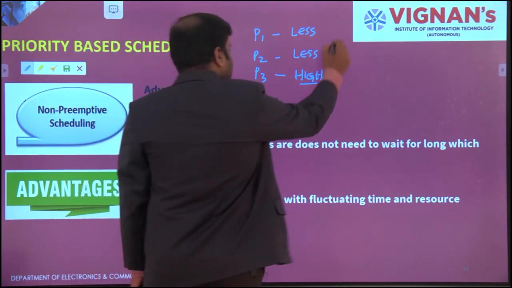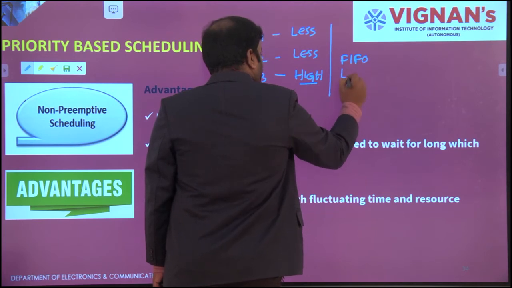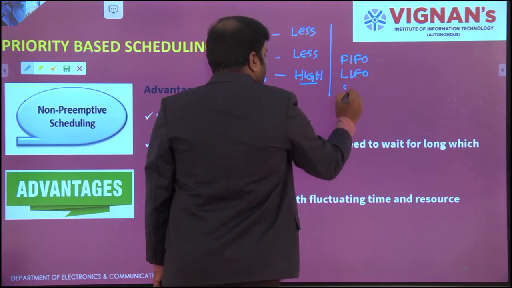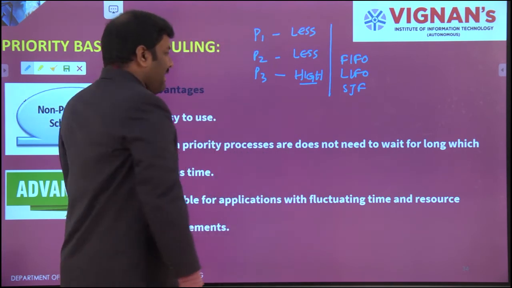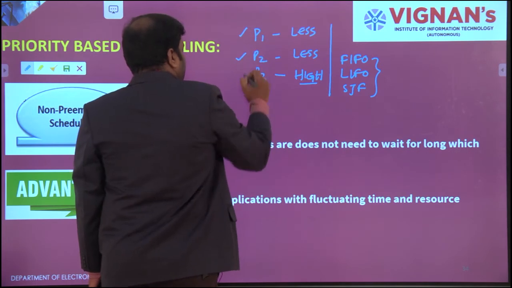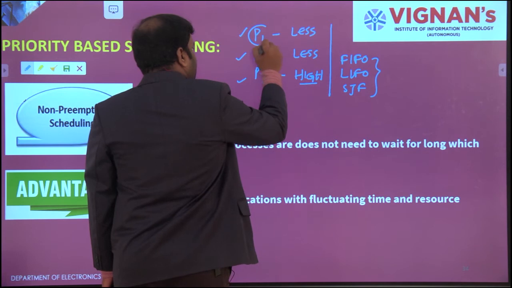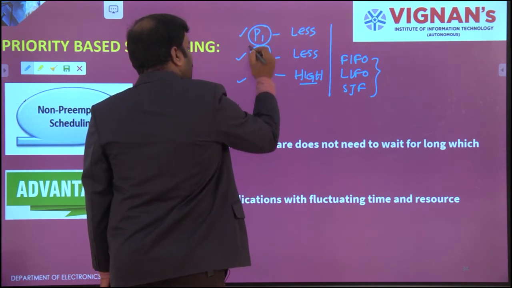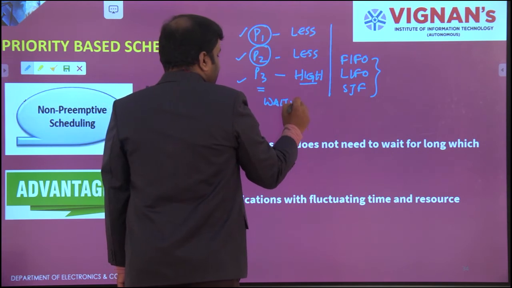Usually, while operating with any algorithm, whether FIFO, LIFO or SJF, shortest job first, first P1 will execute, next P2, next P3. So until P1 and P2 finish their operation, P3 will be in waiting state.